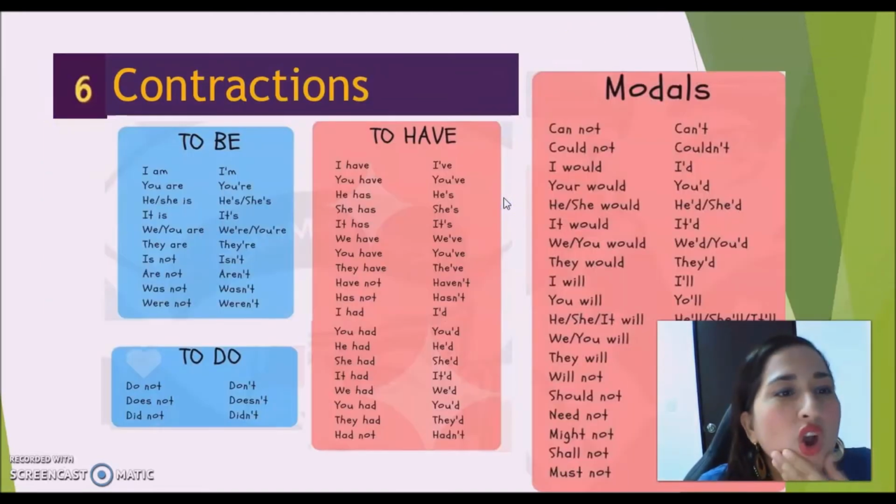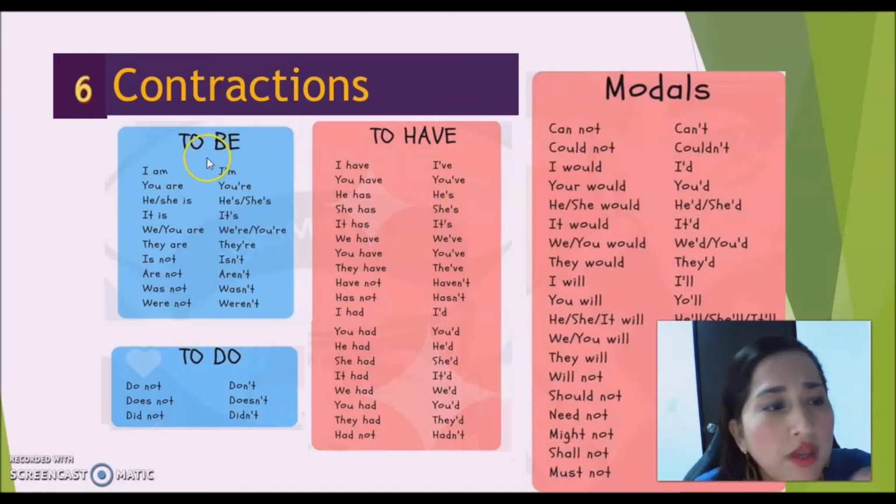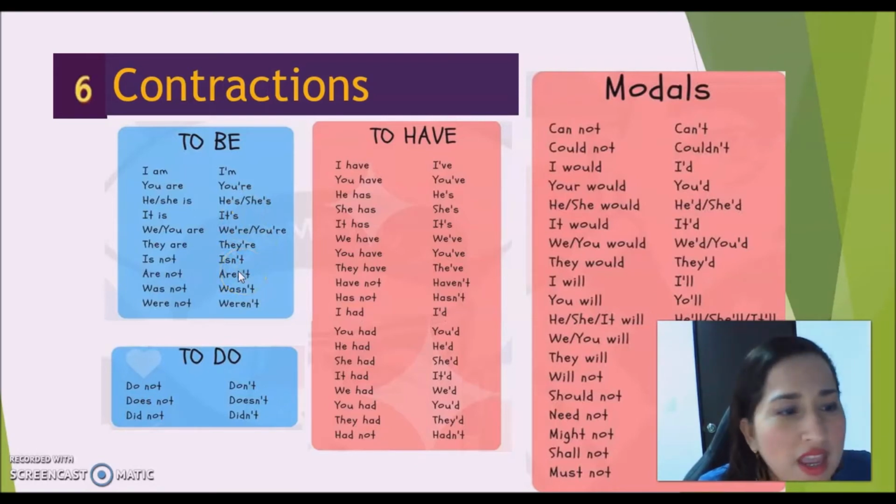Okay? Contractions. In English, we have different contractions. For example, the verb to be: I'm, you're, he's, she's, it's, we're. In negatives, it's the same. Isn't, aren't, wasn't, weren't. So the idea is that you have to remember that contractions use an apostrophe and you have to use it in a correct way.